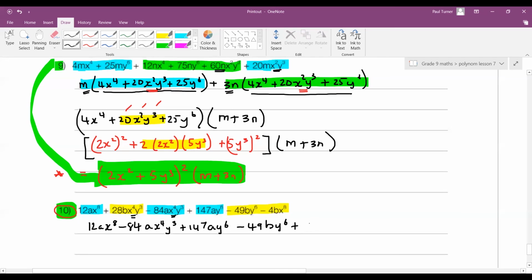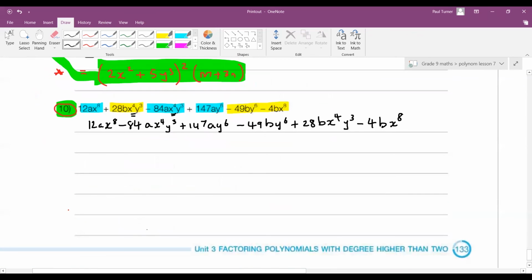So plus 28 bx4 y3, and then the last one, minus 4bx8. Like that. So I'll leave that for you to finish yourself. But the answer you get, so this is the answer. You should get 3a minus b.